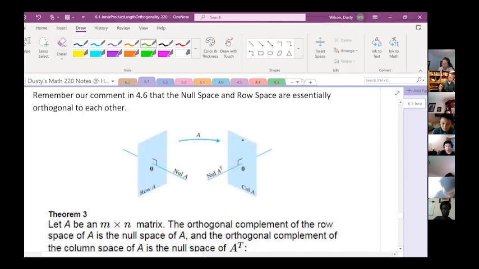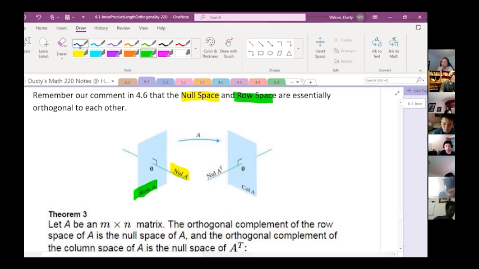But we commented briefly that the null space and the row space are essentially orthogonal to each other. So if you have your null space here, then your row space would be perpendicular to it.